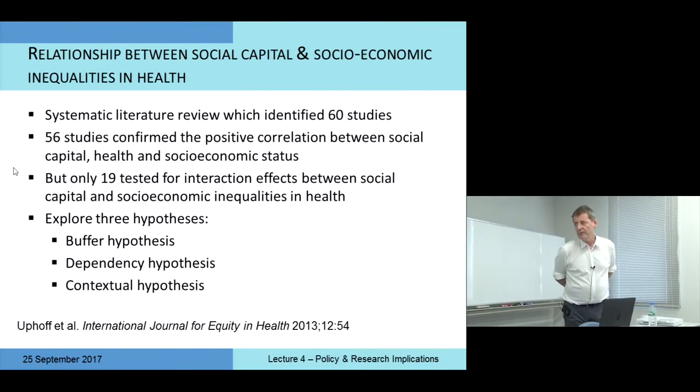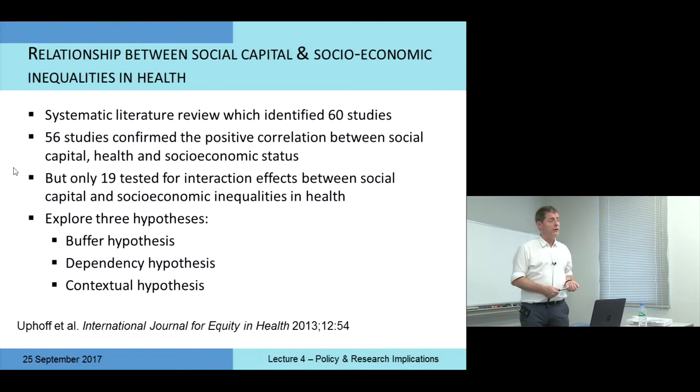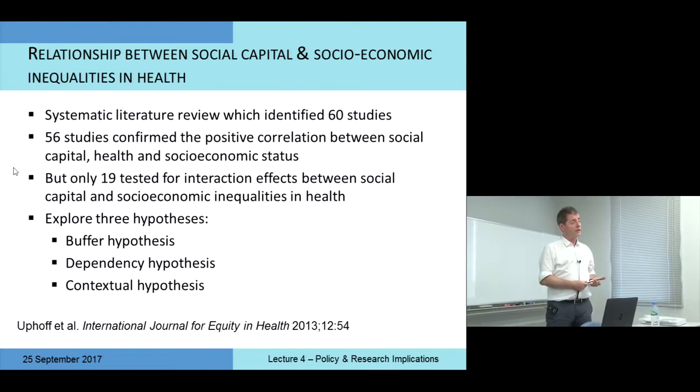So there's quite an interesting paper just a few years ago, Prof and colleagues, published in the International Journal for Equity in Healthcare. And what they did was a systematic literature review. What they wanted to know is anything known about the relationship between social capital and inequalities in healthcare, socioeconomic inequalities.